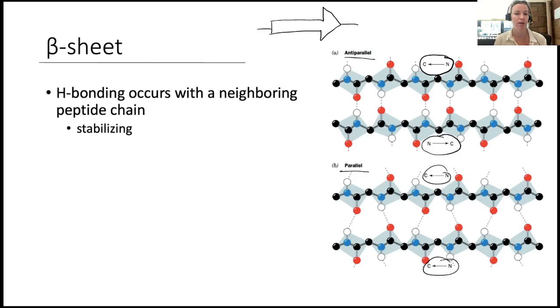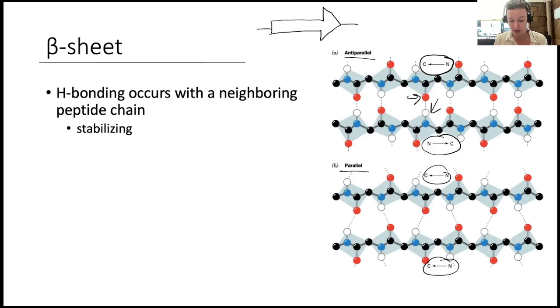Let's start with anti-parallel. In the anti-parallel, you again have hydrogen bonding interactions between a carbonyl oxygen and the hydrogen coming off of a nitrogen. In the anti-parallel scenario, these hydrogen bonds are perfectly aligned, nice and short.